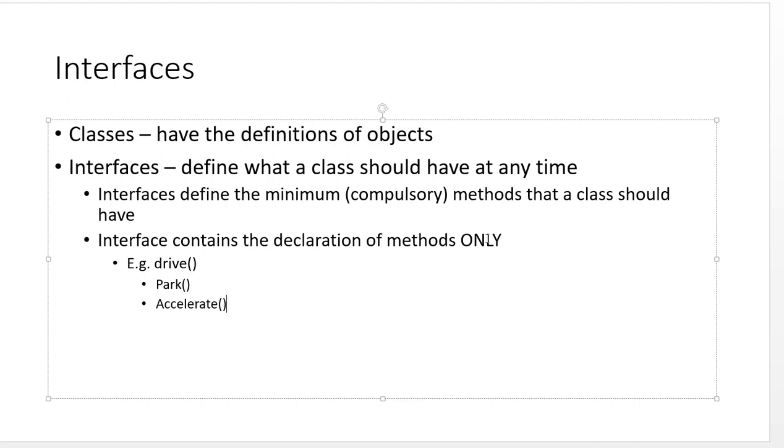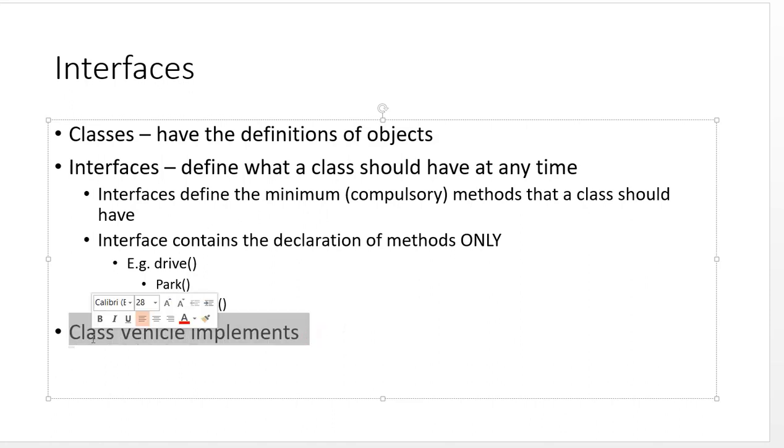And then when you're now using the interface in a class, you could have a class called, let's just call it vehicle. In your vehicle class, you could say class vehicle implements our interface. But before we do this, let's show an example of an interface.